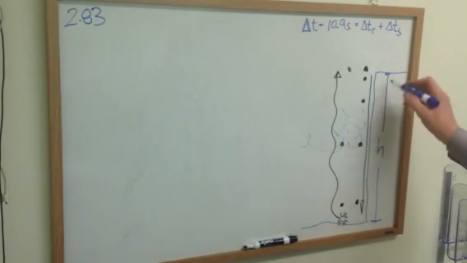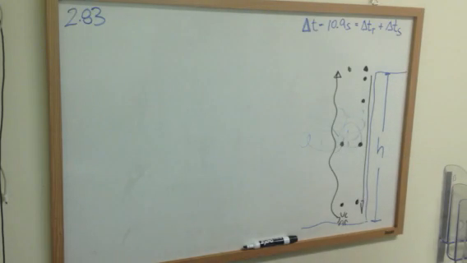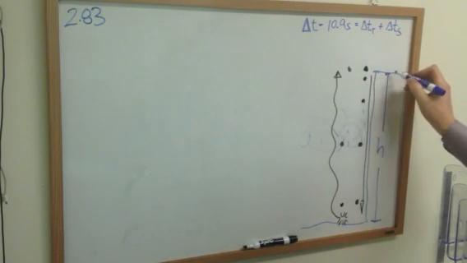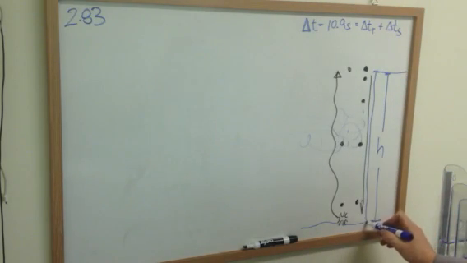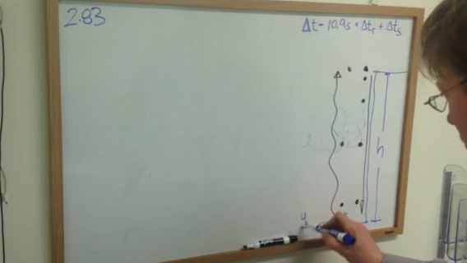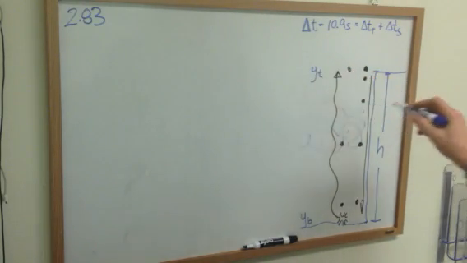So the height of this cliff is something that we want to know, and we have very little information. Let's call this y at the bottom. Let's call this y at the top.